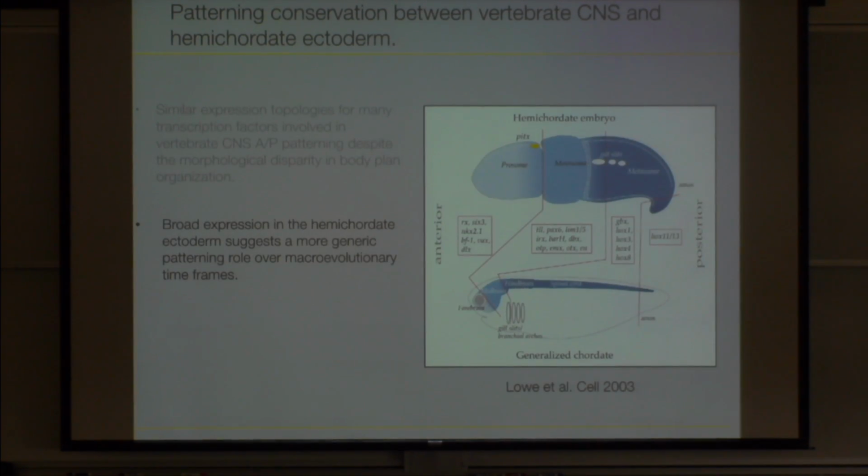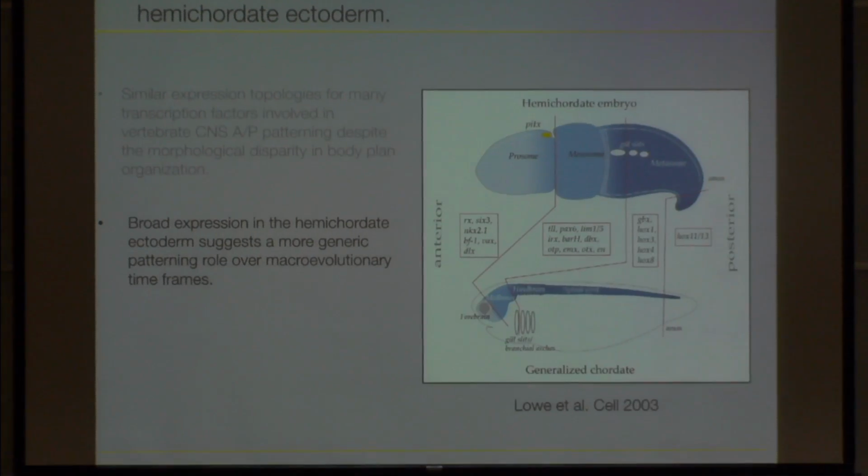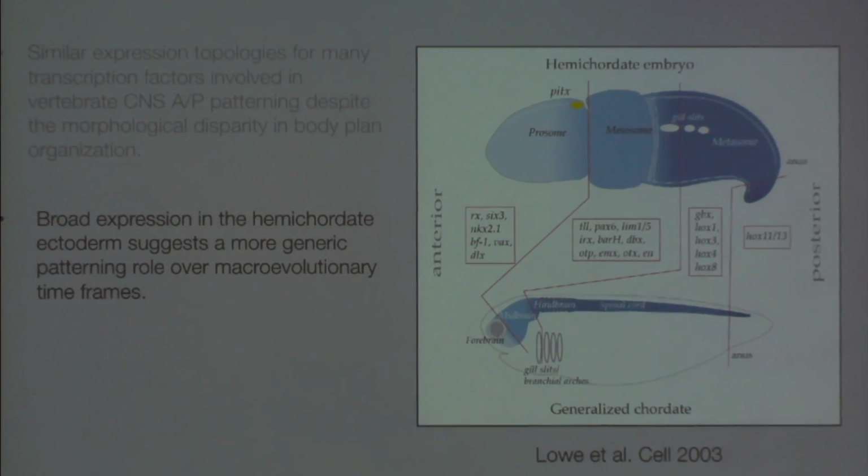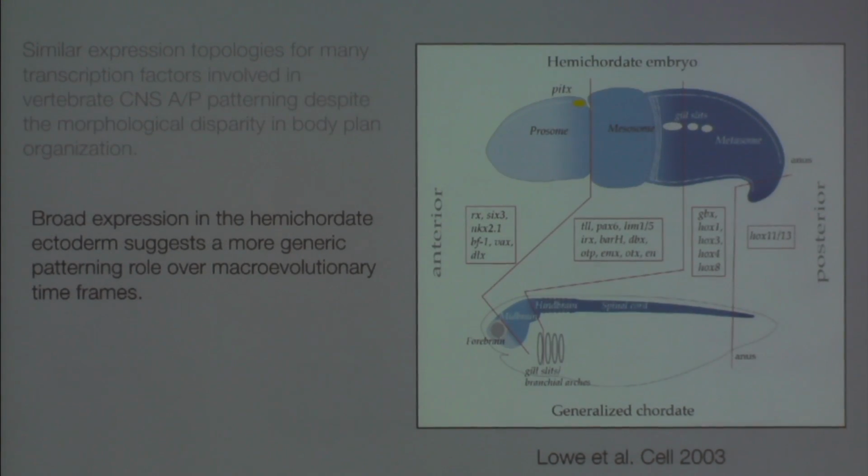So clearly there's broad expression in the hemichordate ectoderm, which suggests that over macroevolutionary time frames, these genes are much more generic in their patterning role. They don't mark specific morphological neural structures. They actually seem to provide pattern for specifying a range of different neural topologies.